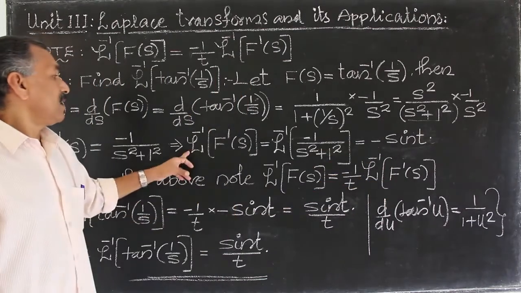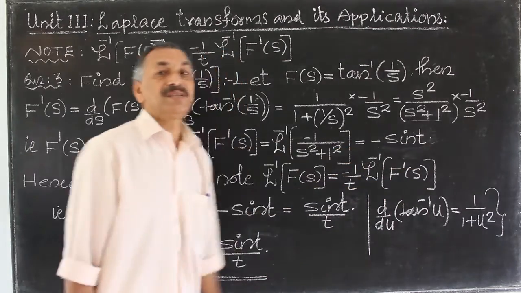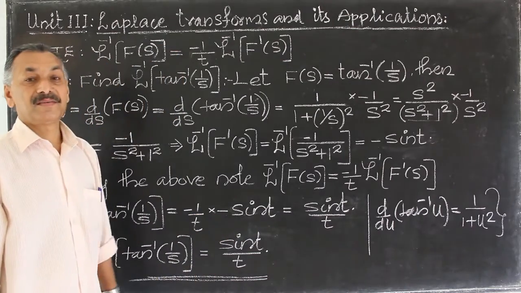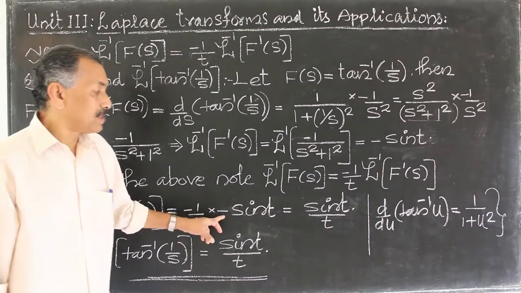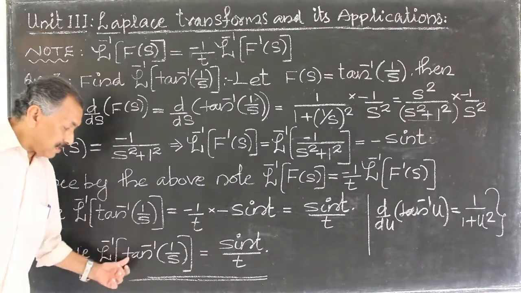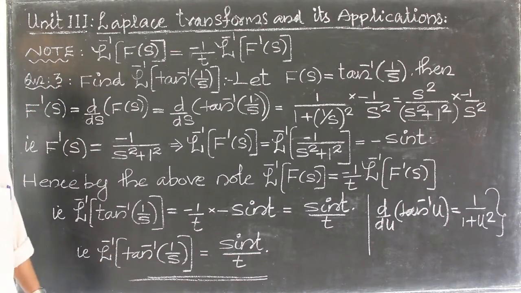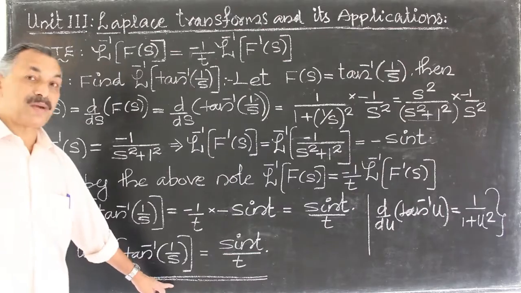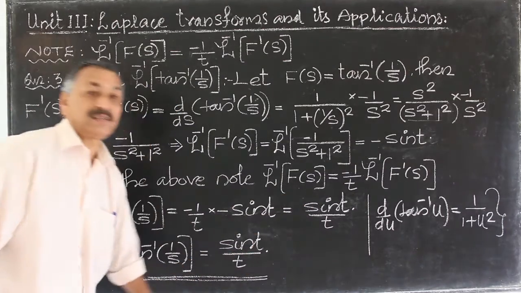L inverse of f dash s is minus sin t, so minus into minus gives plus sin t by t. Hence the Laplace inverse of tan inverse of 1 by s is equal to sin t by t.